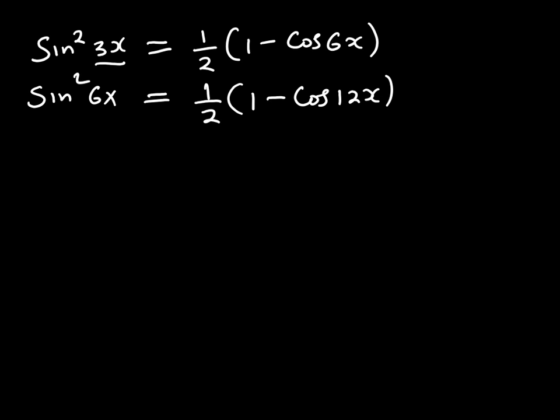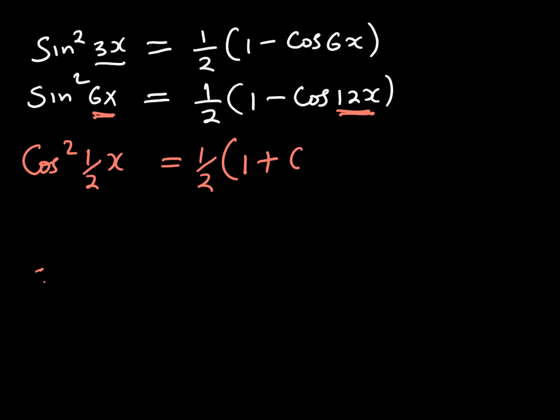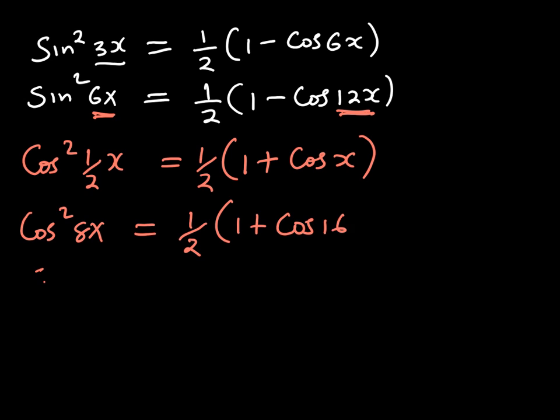So what's the point of emphasis? The angle here must double this. So if I have cos squared of a half x, it is going to be a half of 1 plus cosine of x, because when I double a half, I get x. So if I want cos squared of 8x, it will be a half of 1 plus cosine of 16x.